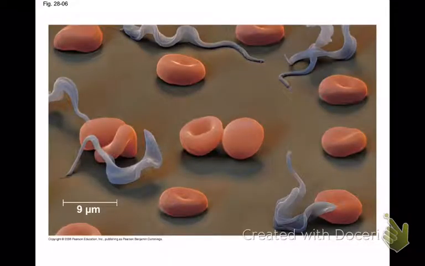So this is a diagram of Trypanosoma. It's a blood smear, and you can see the kind of corkscrew-shaped body and the thin flagella extending off of it.